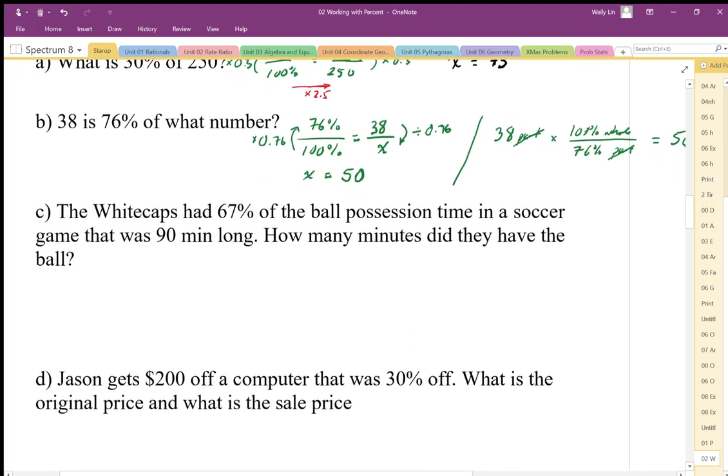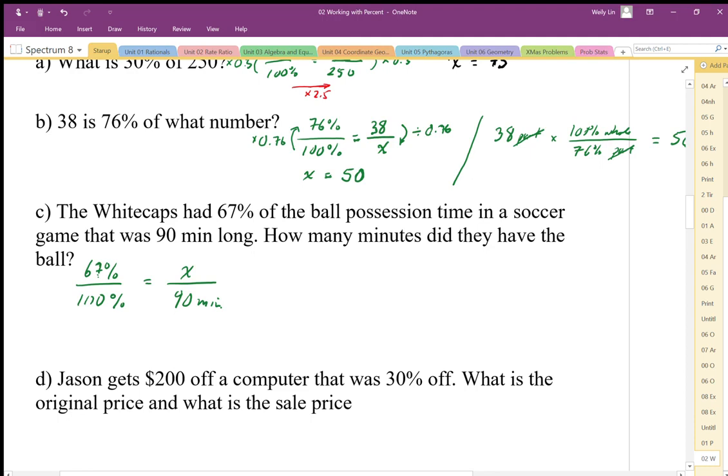All right, so the Whitecaps had 67% of the ball possession in the soccer game that was 90 minutes long. So we have 67% out of 100%. The total is going to be 90 minutes, and we're going to look for the part.